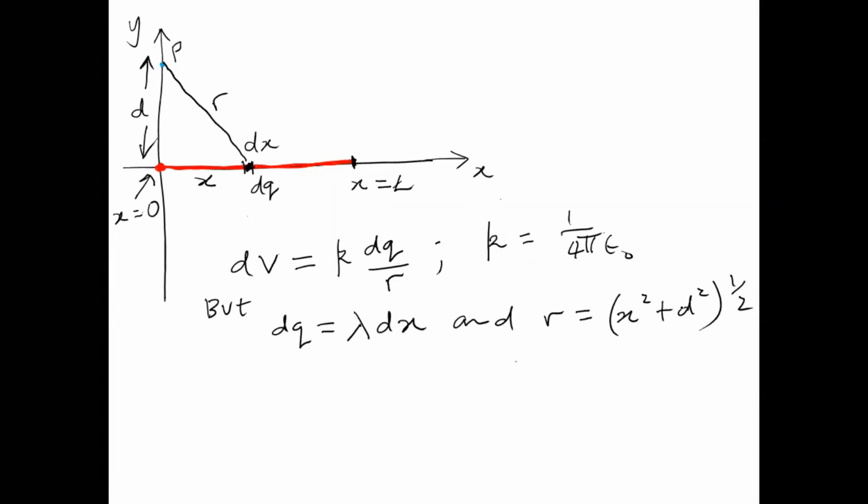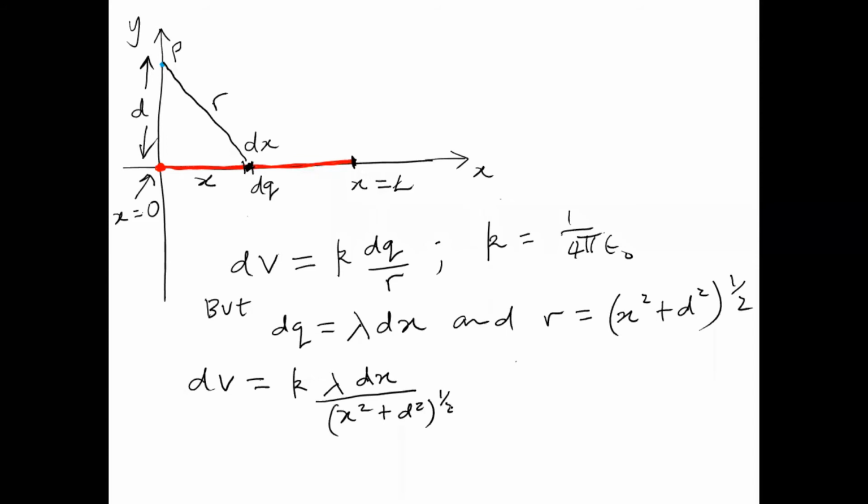So if you substitute these two equations in the first equation, then dV is equal to k lambda dx over the square root of x squared plus d squared.